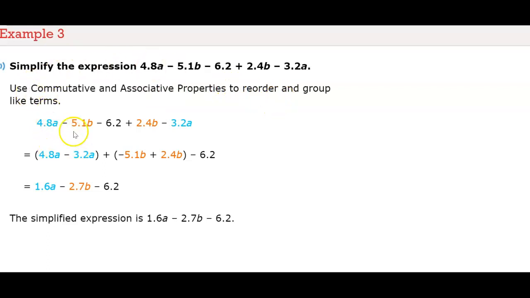So you see all the blue are one set of like terms, the orange is another for the variable b, and then the variable a, and then the number itself is a like term, and then they group them together so that you can combine them, and then once you combine them, that is your simplified expression.